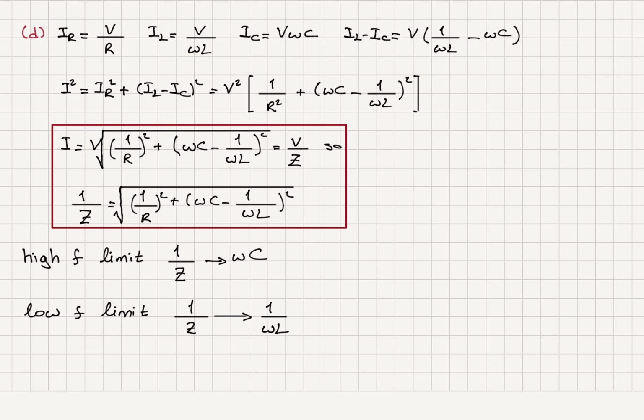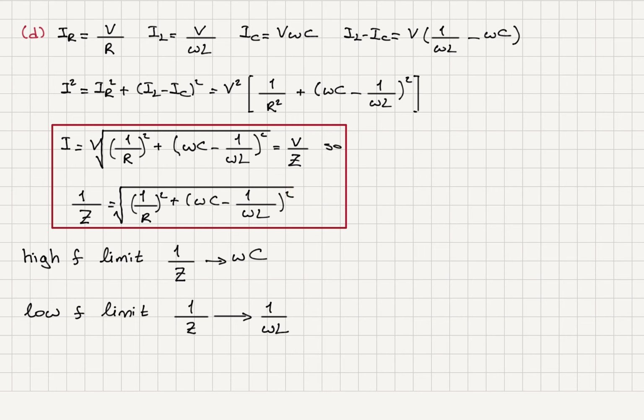And if we write I as V divided by the impedance, we recognize that 1 over the impedance is given by this expression. So this expression shows me that at the high frequency limit, 1 over omega L will go to 0 and will be negligibly small. Omega C will dominate the behavior. In the low frequency limit, omega C will go to 0, but 1 over omega L will blow up, so that will dominate the behavior.